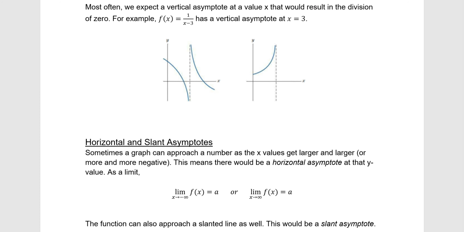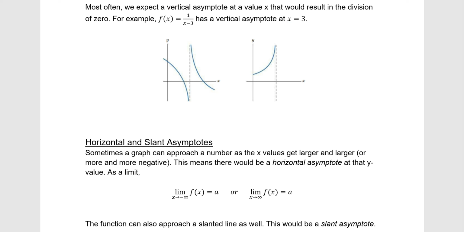And the most common type of vertical asymptote is going to be the x value that's going to result in dividing by 0. So if we have the function f of x equals 1 over x minus 3, that has a vertical asymptote at x equals 3, because if we plug in 3, it's 1 divided by 0, which is dividing by 0, meaning there's a vertical asymptote at x equals 3.